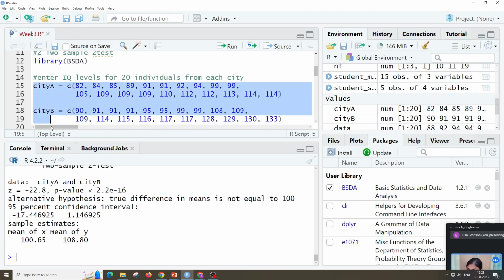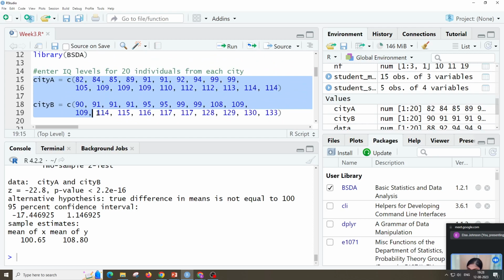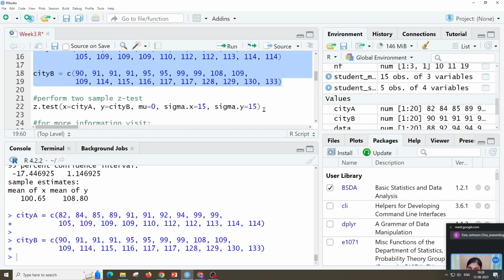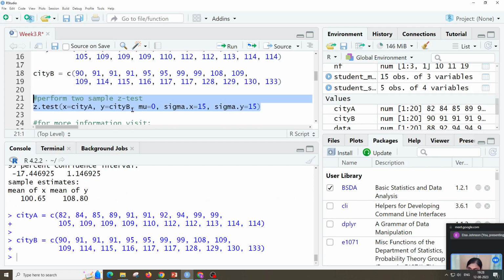Once more I'll run this one, sorry. These are the two cities, and if I run this particular thing, so this was done to find the difference in IQ levels.